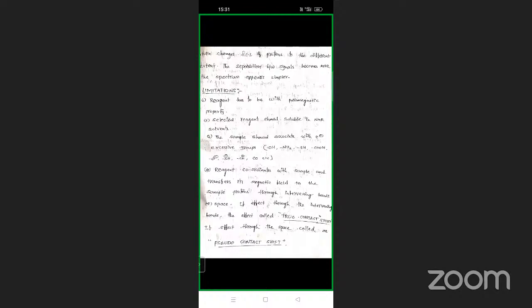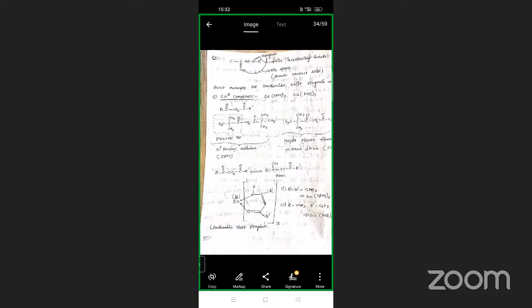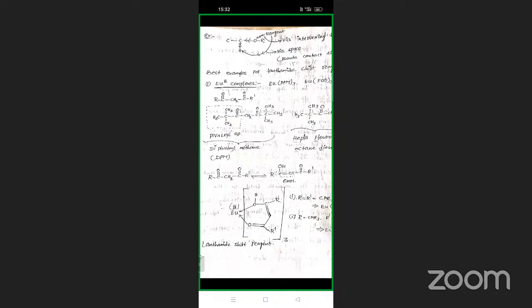If it is transferring the magnetic field through the intervening bonds, it is called the contact shift here. And if it is transferring the magnetic field through the space, then it is called the pseudo contact shift. So here you can see, for example, the reagent.